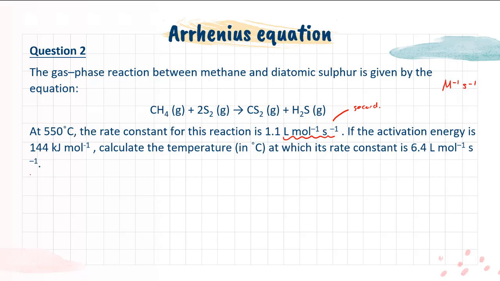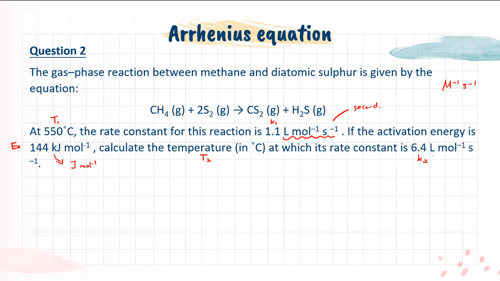So let's do a little bit of information extraction. Let's say I label the 550 degrees Celsius as my T1, and this 1.1 is my K1. Then this one is my Ea. Remember that Ea I need to convert into joule per mole so that I can substitute into my formula. Then we calculate this temperature, my T2, at which it has this K2.